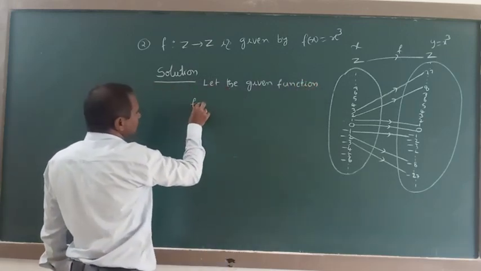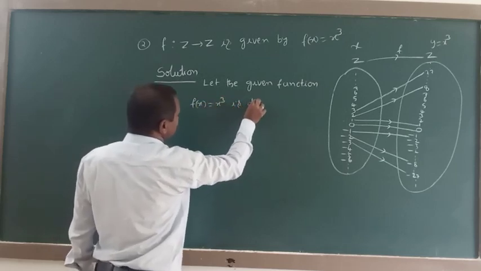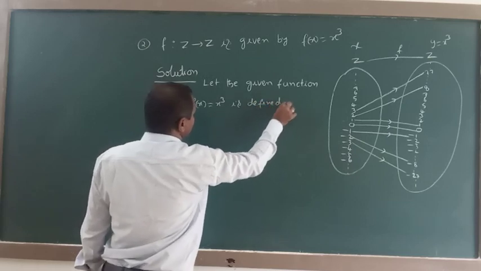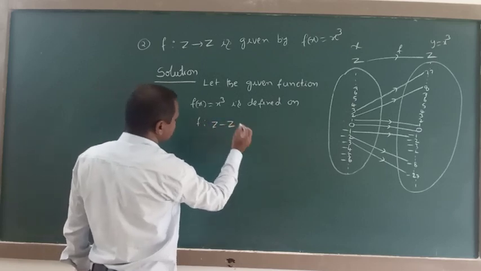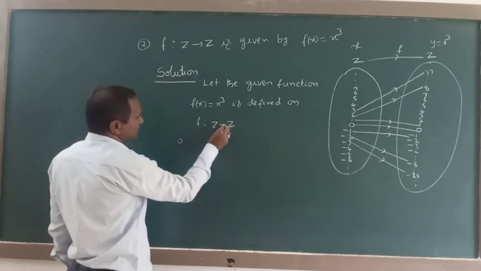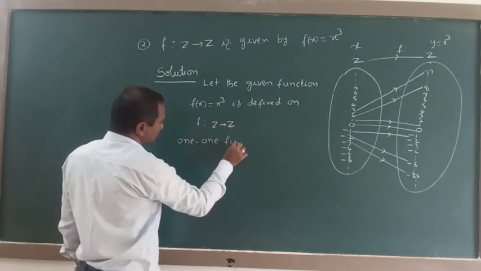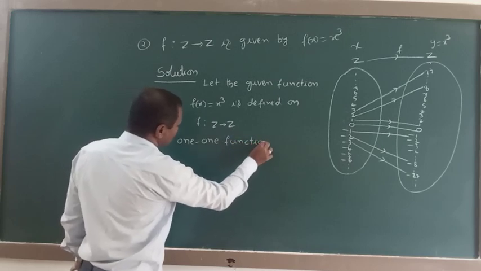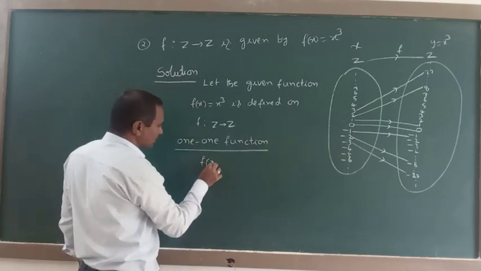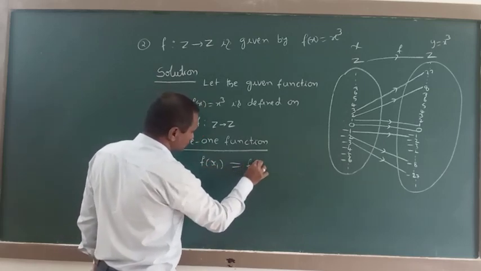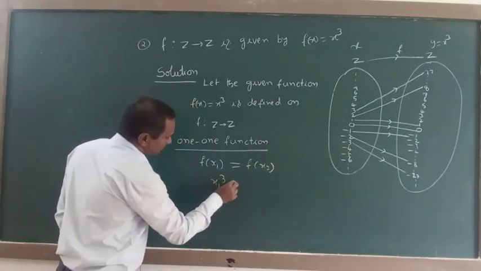f of x is equal to x cube, defined on f maps from Z to Z. First, one-one function. f of x1 is equal to f of x2. f of x1 means x1 cube is equal to x2 cube.